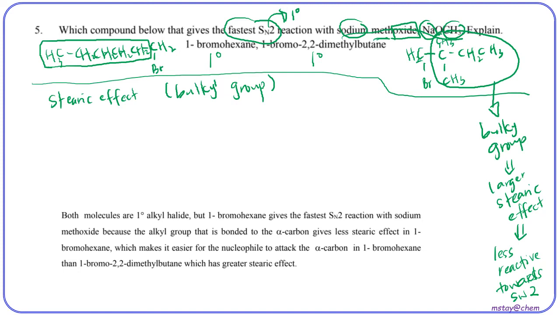So now, which compound gives the fastest rate toward Sn2? The answer is 1-bromohexane. If we want to mention, basically we already wrote it down.